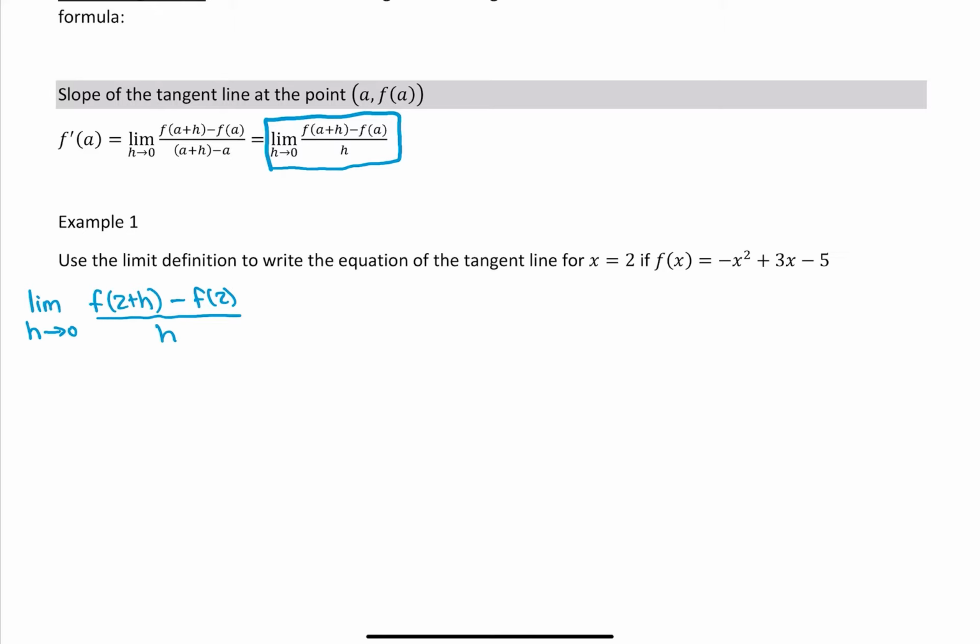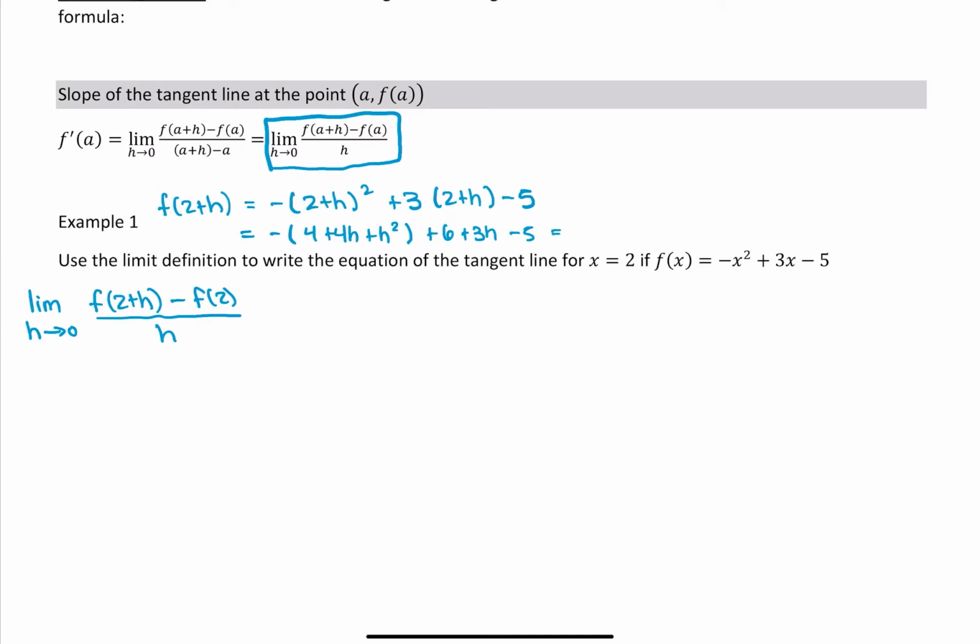I would recommend that we do these calculations of f of 2 plus h and f of 2 somewhere else. So f of 2 plus h is going to be negative 2 plus h squared plus 3 times 2 plus h minus 5. That should be a pretty routine step to show that we get 4 plus 4h plus h squared, and then plus 6 plus 3h minus 5.